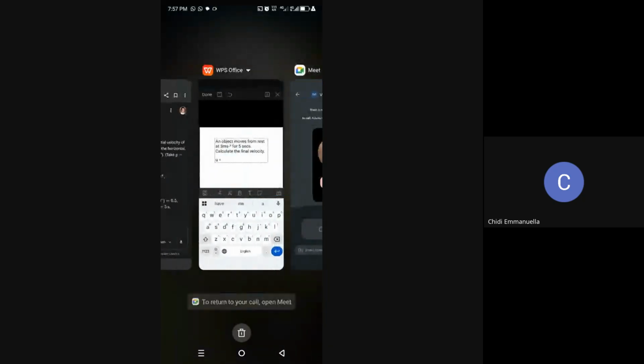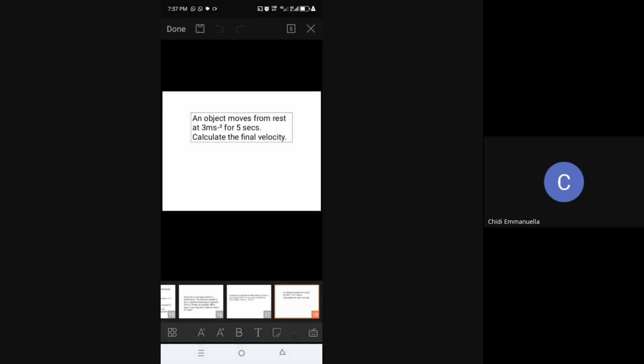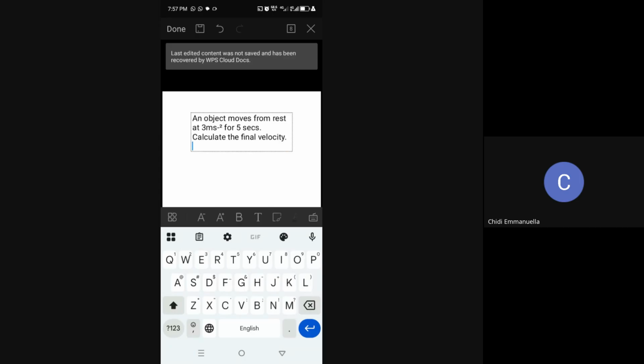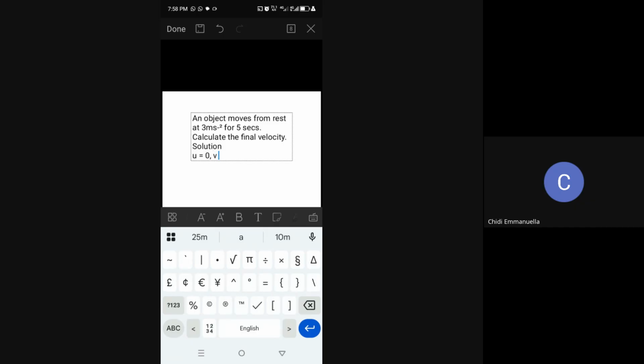So I was solving my question. If you look at the question, the object starts from rest, so your initial velocity is going to be 0. Then you have to calculate final velocity. You are given acceleration.